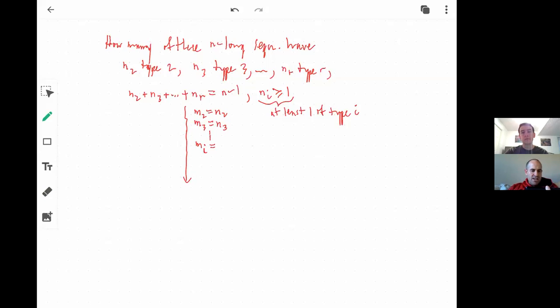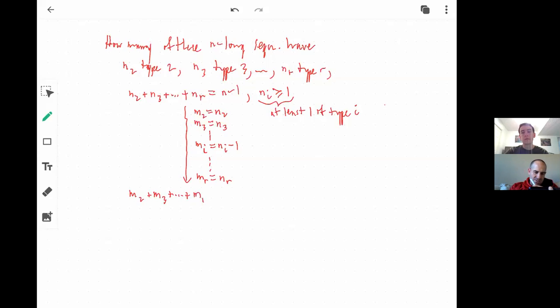M_i is going to be N_i minus 1. I'm just going to shift that down by 1. And M_R is equal to N_R. So all of these M's are the same as the N's, except for the ith one, which I shift down by 1. Then let me ask you, Matthew, what would be true about the sum of these new variables?